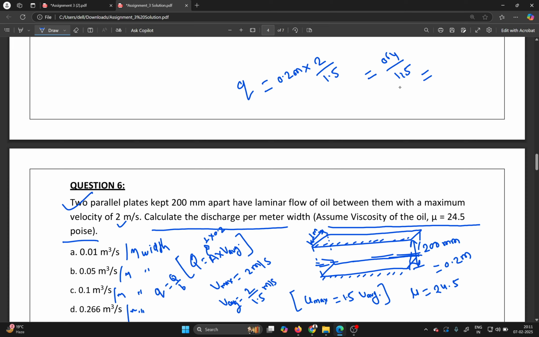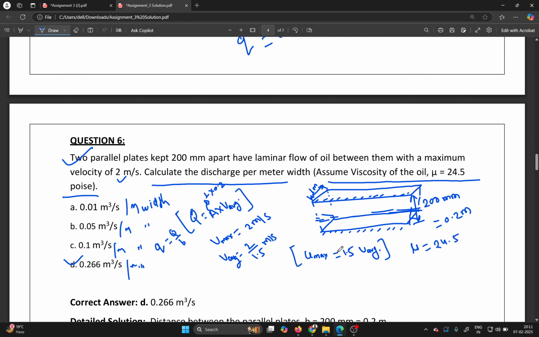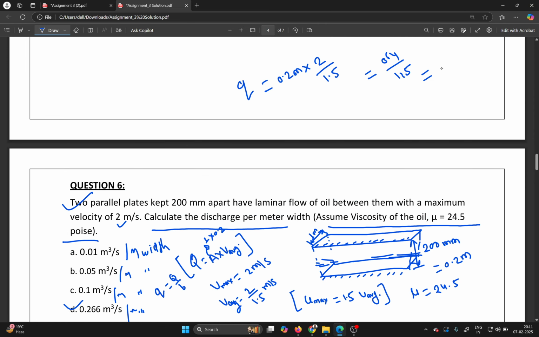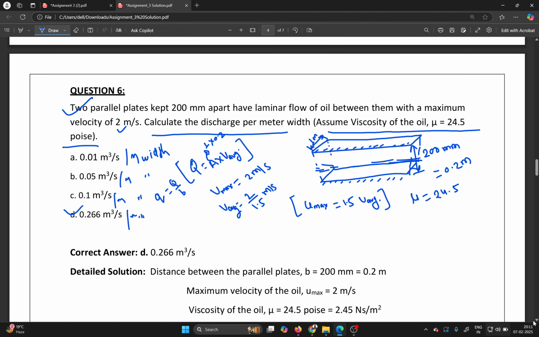Option D will be correct. After calculation you will get 0.266 meter cube per second per meter. So this is the answer. Now we'll move on to the next question.